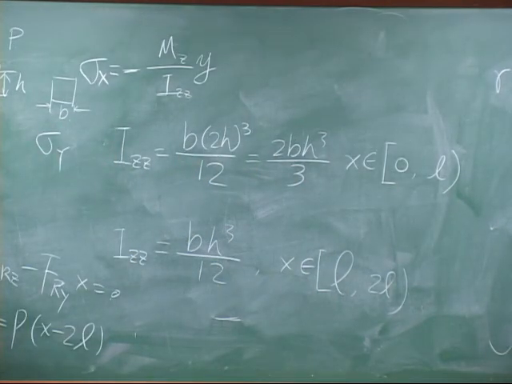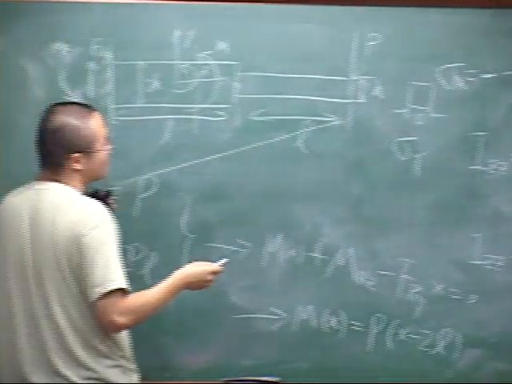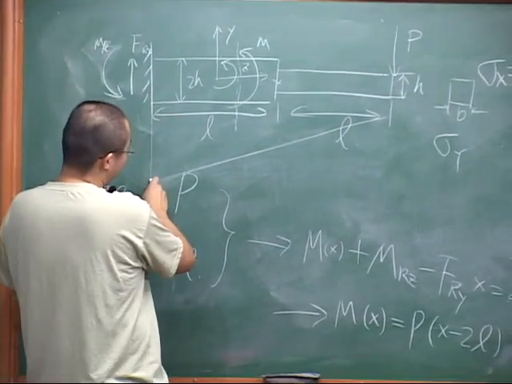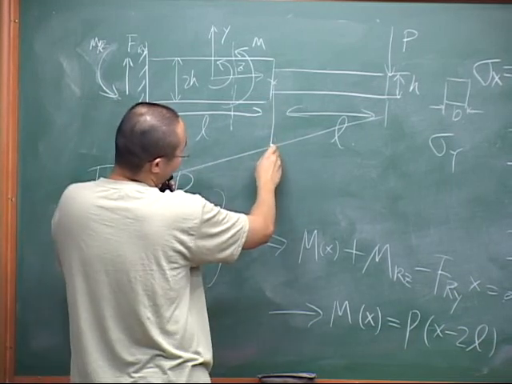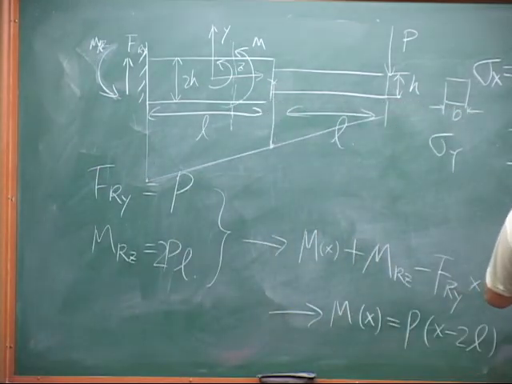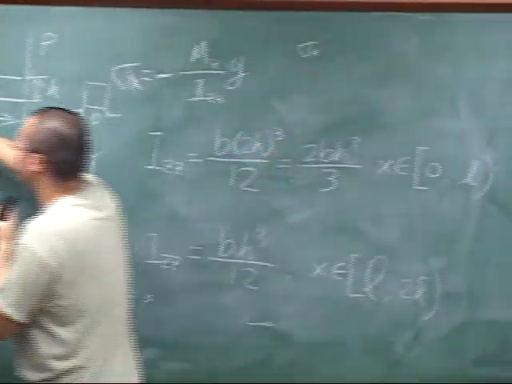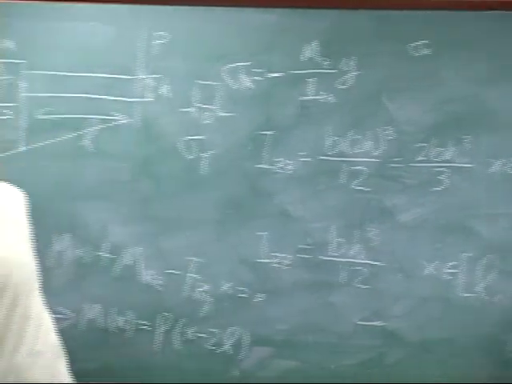We can see from the expression for M that it goes linearly from this point to this point. So for each section, the maximum bending moment occurs at the root for this section, and for this section it occurs at this point, right? What we need to know is sigma X for both locations.